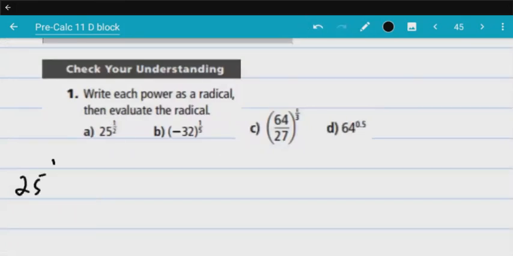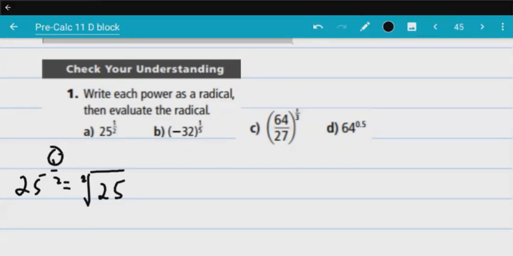25 to the 1/2 becomes this. That base is going to be the radicand. The denominator of your fractional exponent becomes your index. Of course, you don't really have to write that. I'm just putting it there so that we're clear.